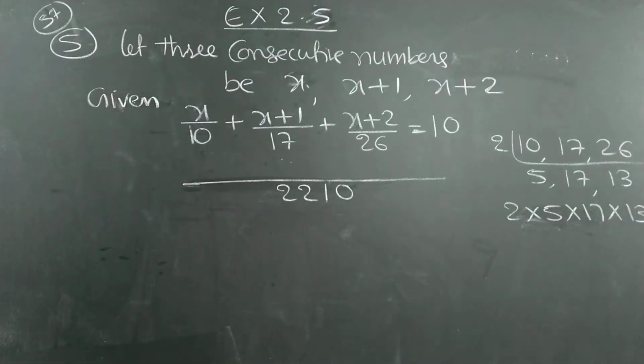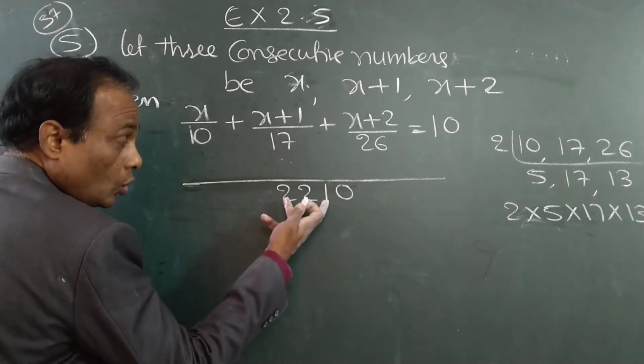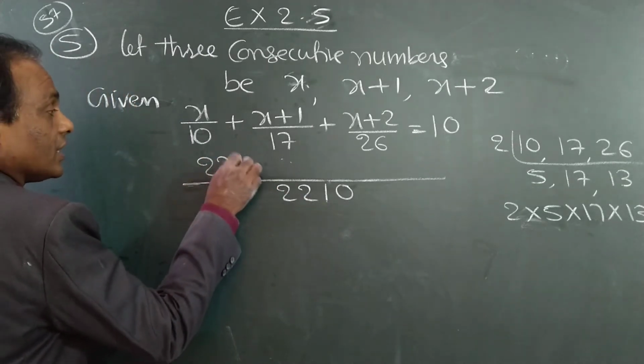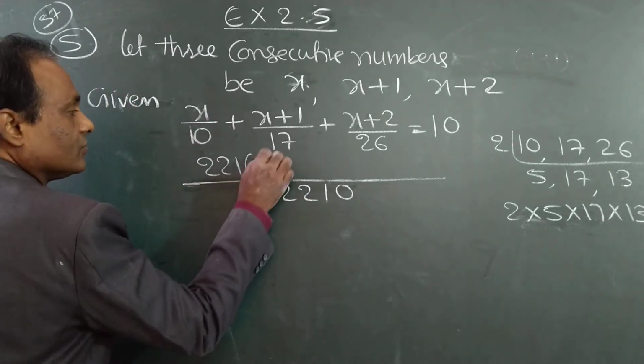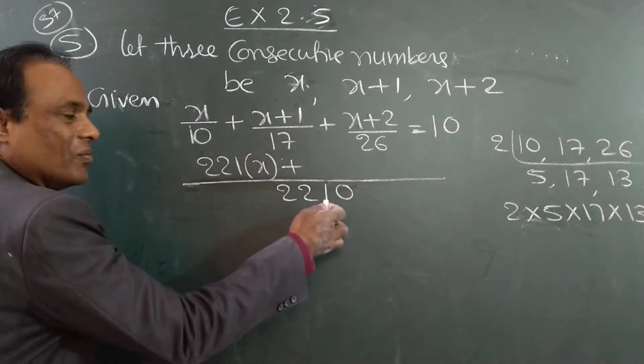See this, 2210. Now 10 how many times? 10, 221 times. 221 into x. 17 how many times?